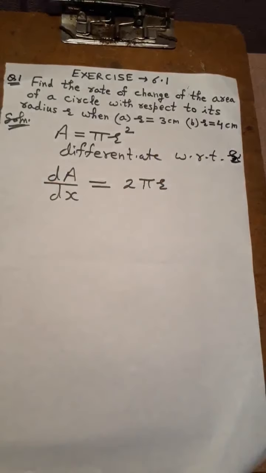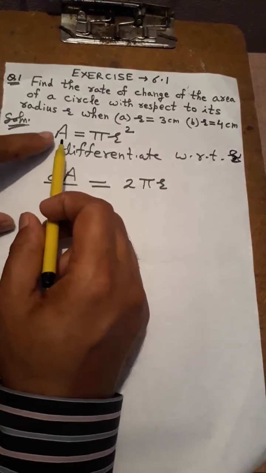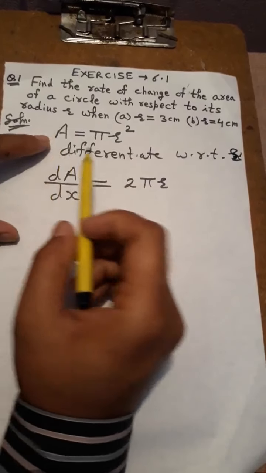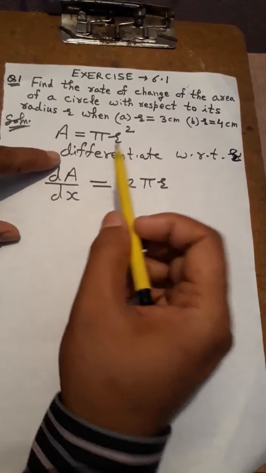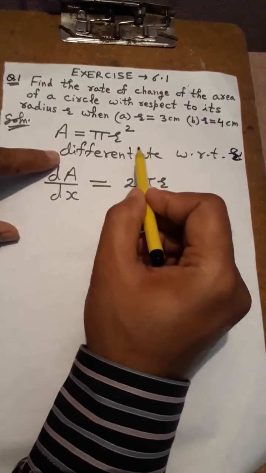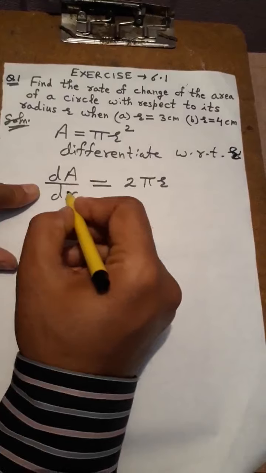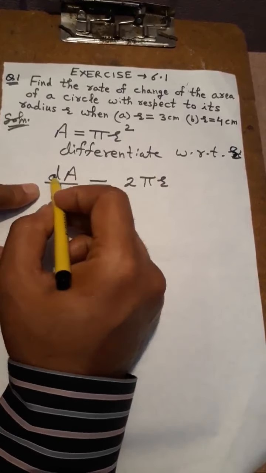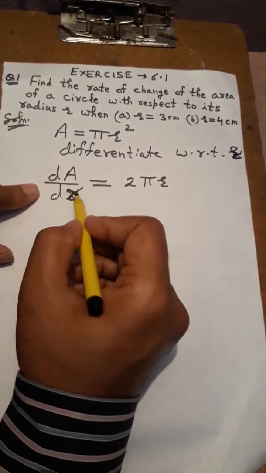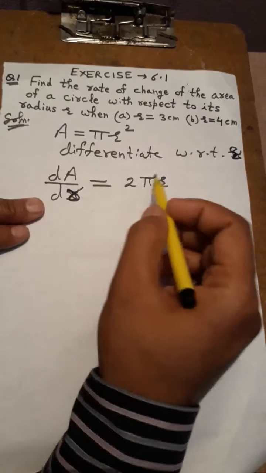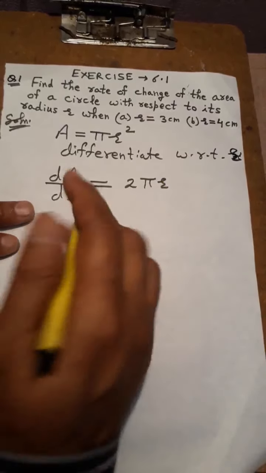So let us solve it. As you know, the area of a circle is pi r square. Now differentiate both sides with respect to r, the radius. So dA upon dr is equal to 2 pi r.